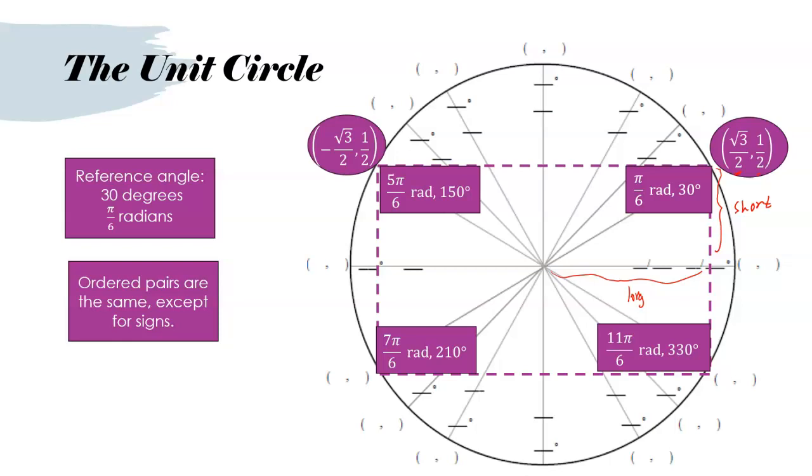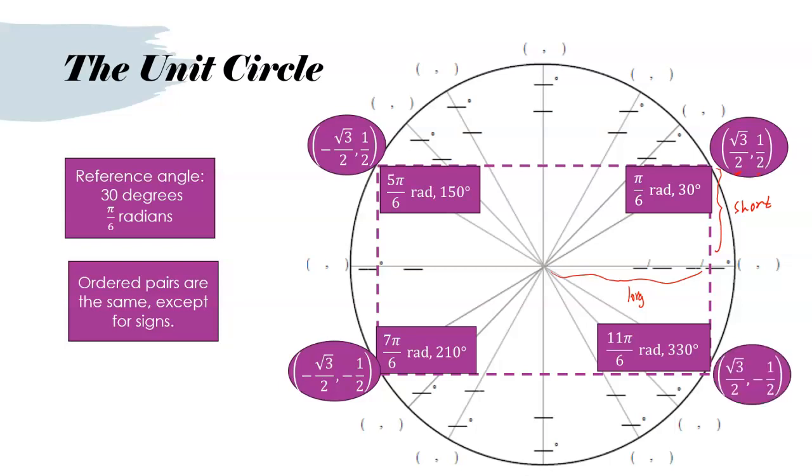If I'm in the second quadrant, the x-coordinate is negative, but the y-coordinate is still positive because I'm still up high. If I'm in the third quadrant, they're both negative because they're both in the negative territory. That whole quadrant, every x and y coordinate is negative.